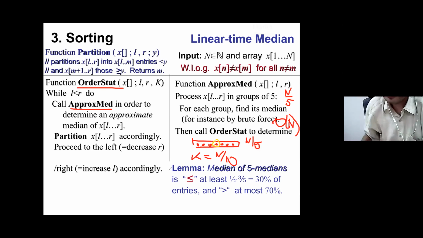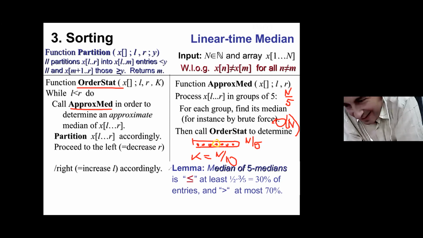It is a very clever algorithm. It has 2 pieces, the order statistics and the approximate median, and they both need each other.